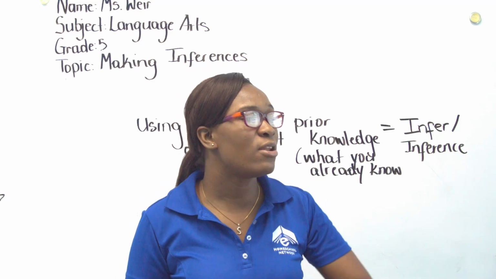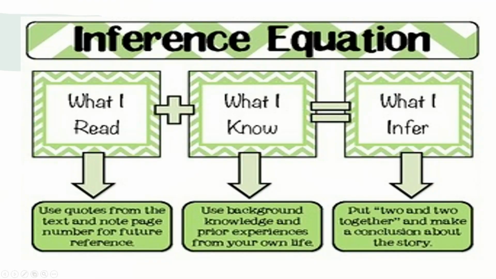So you use right there what you were seeing, what you heard, and what you already know about the situation to infer that something is wrong. You're drawing a conclusion or you're making a prediction. All right, boys and girls? So that is all to it where inferencing is concerned.